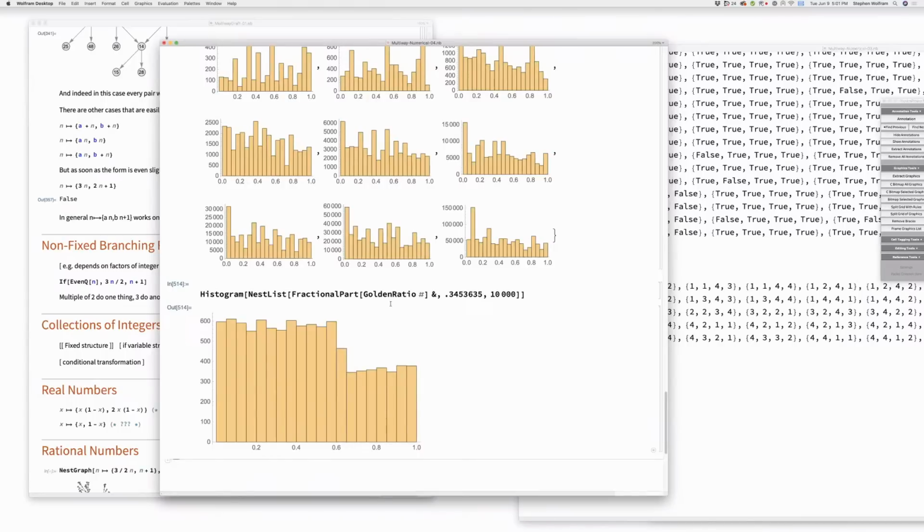Fractional part, that looks like it's some kind of value of fractional part of 0.618, right? Yeah, that definitely. I don't understand why though.